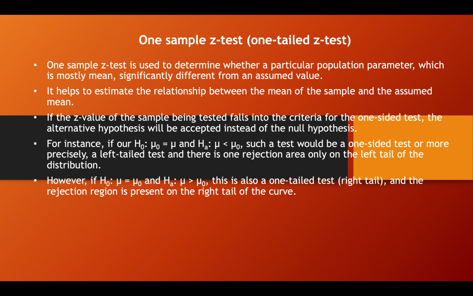However, if H0: mu equals mu naught and Ha: mu is greater than mu naught, this is also a one tail test and the rejection region is on the right tail of the curve.